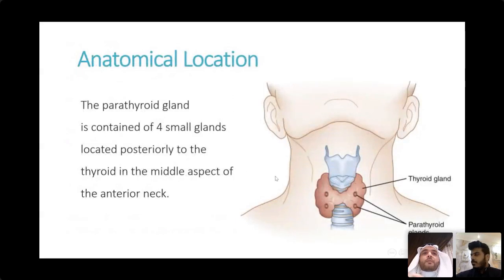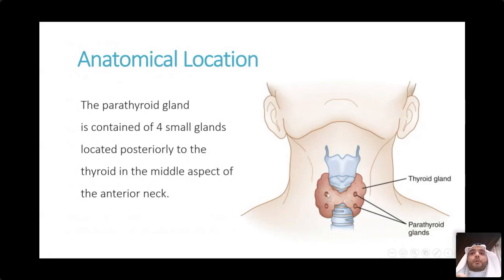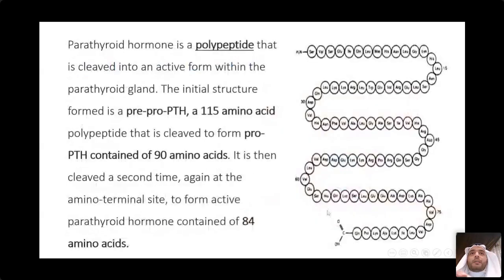The anatomical location: the parathyroid gland consists of four small glands located posterior to the thyroid in the middle aspect of the anterior neck. The parathyroid hormone is a polypeptide that is cleaved into an active form within the parathyroid gland.